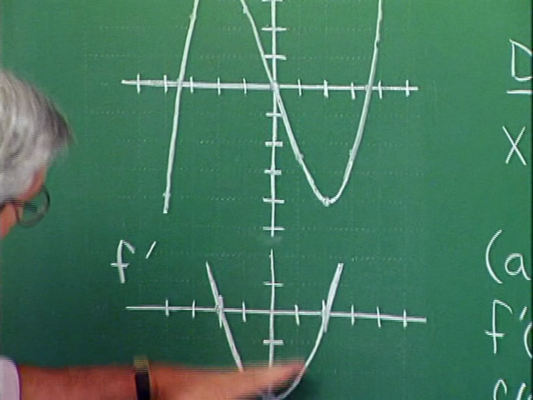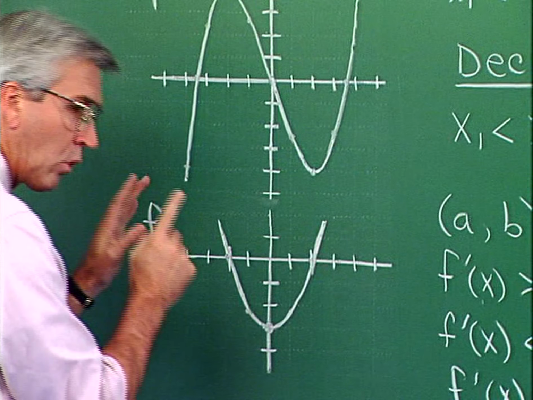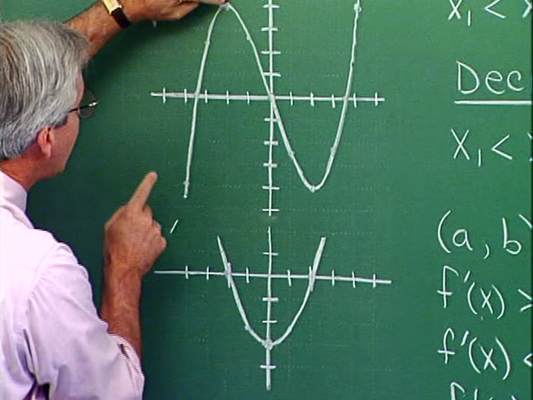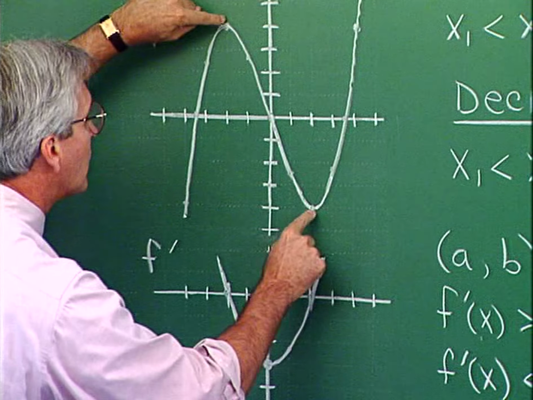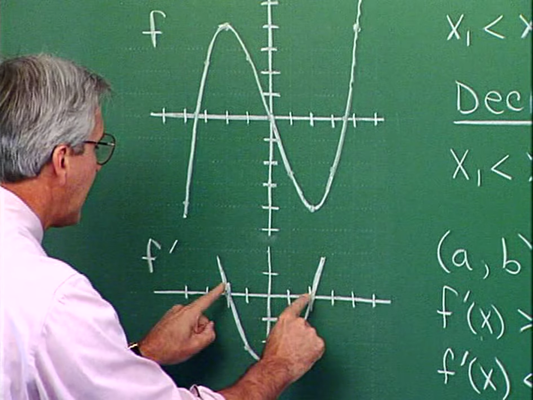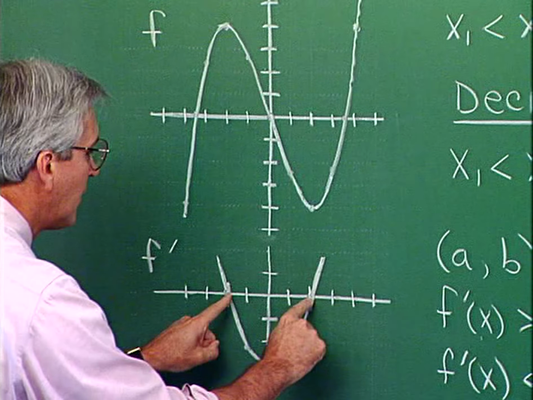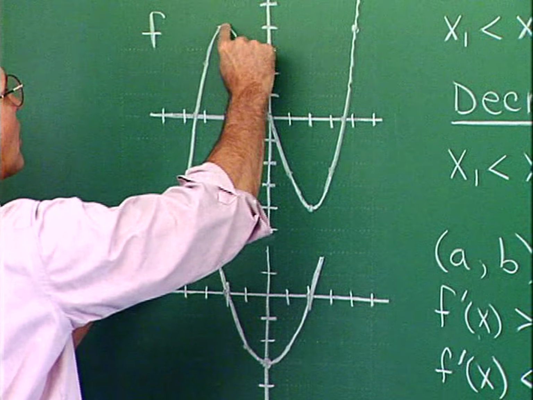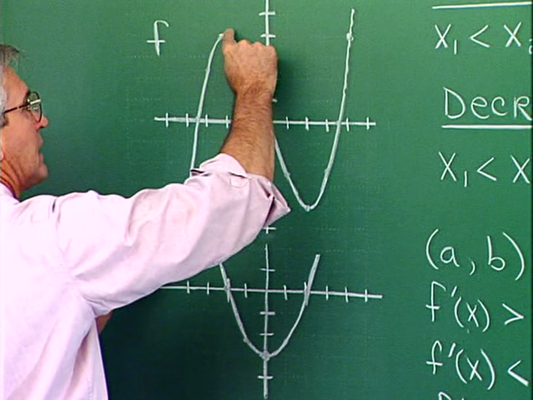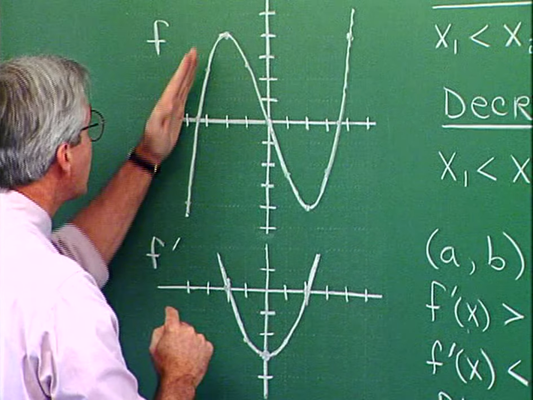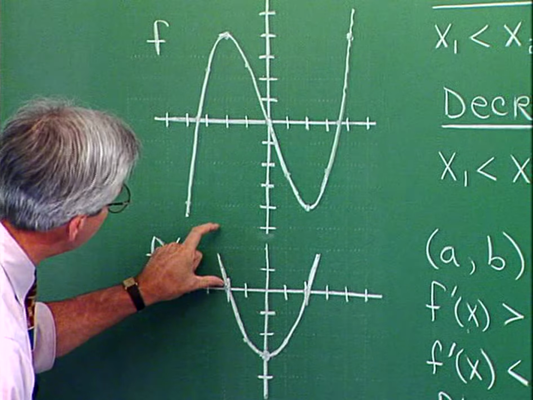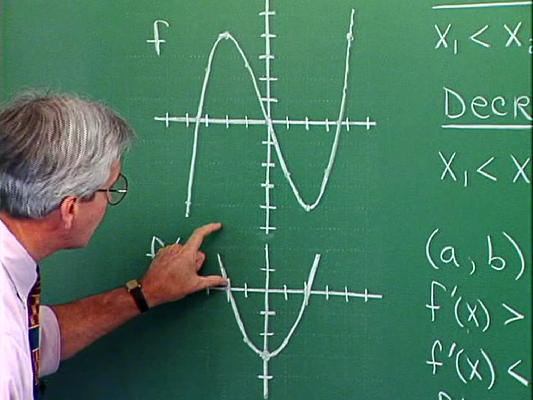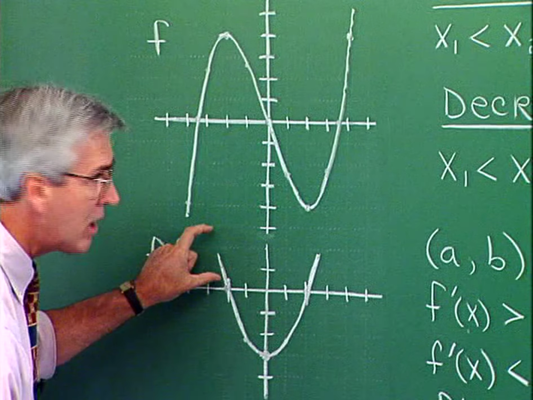Now here's f prime, here's f. We know that the maxes and mins will give zeros for the f prime graph. We know that on this increasing part of f, the slope of the tangent line is positive for all of these, so we're above the x-axis here for the graph of f prime.